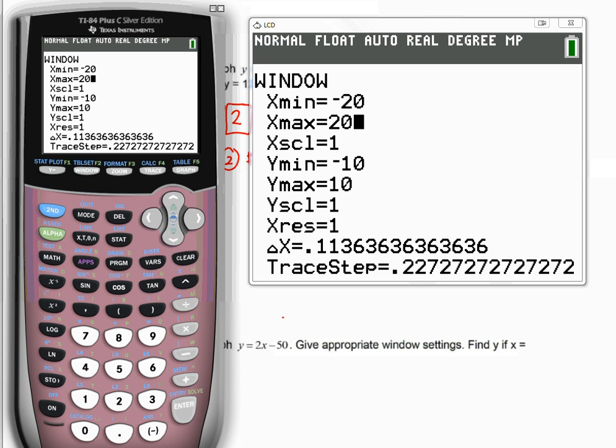You can leave it a scale of 1, or you can change it, it's up to you. Negative 20 for y min to 20. You never need to change the resolution. It doesn't really do much but make it faster or slower. So make sure it goes negative 20, 20, negative 20, 20. Okay, so push graph.